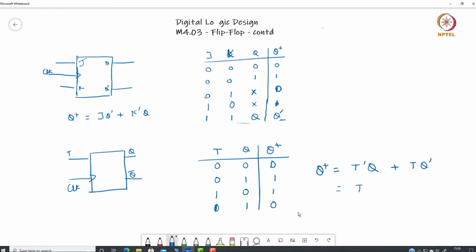I can also write it as T XOR Q. The implementation of this can be done by connecting J and K as the inverted ones, and then we can design the T flip-flops. These T flip-flops will be used in counters, and we'll see them in some of the next lectures.